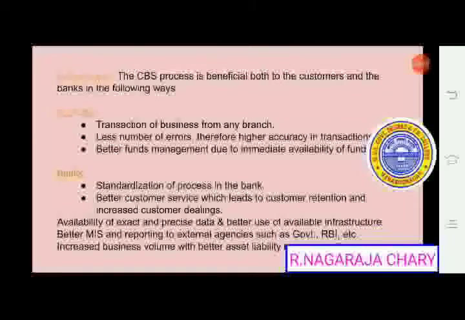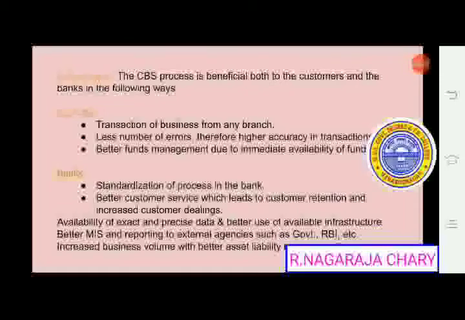When banks provide better customer services, retention is possible. At the same time, more customers will come, and more dealings will also increase. So these are the ultimate benefits to the banks.